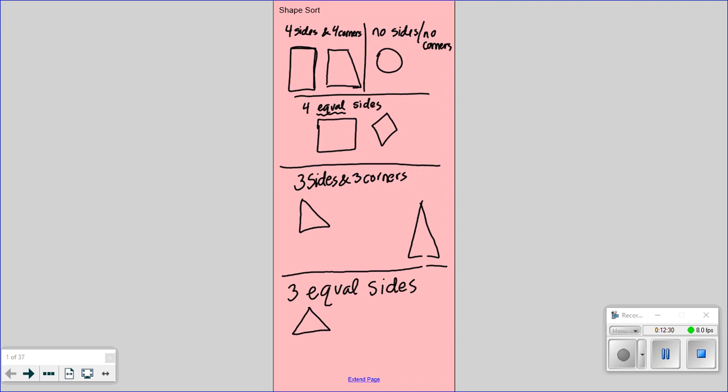Now some of you are noticing it looks different than the ones that are already in 4 sides, 4 corners. What looks different about them? What looks different about the ones we just put in 4 sides, 4 corners than the ones that we had in there? Because we had shapes that look like this, and now we have shapes that look like this. What's different about them?